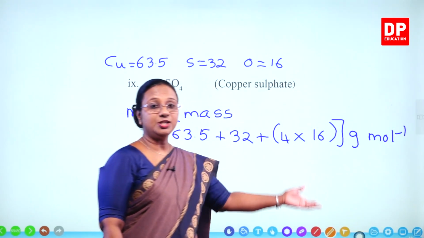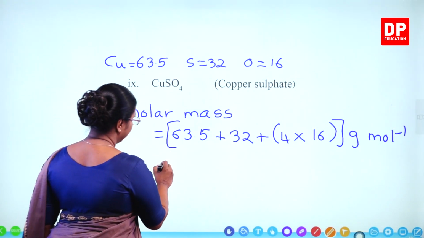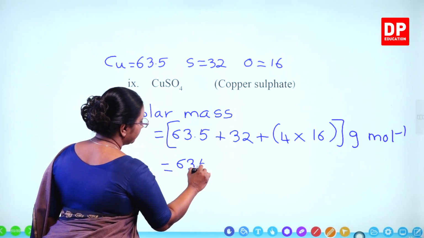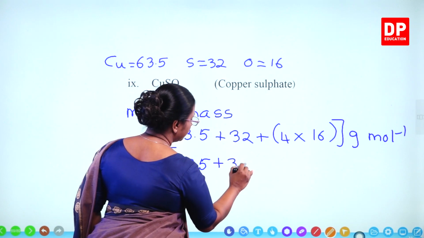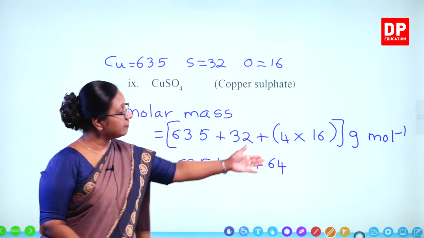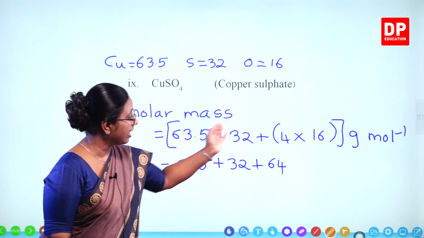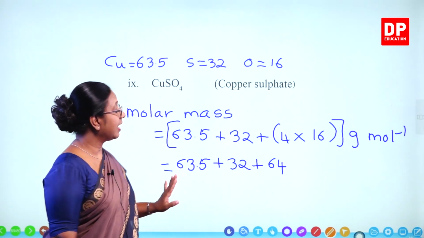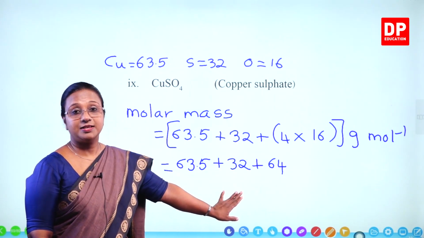Now I am sure you are also writing the unit with each step. That's very easy. So 63.5 plus 32 and 64. You can even skip this step. If you can do maths very well, I am sure you can. You can directly calculate the value and write it.